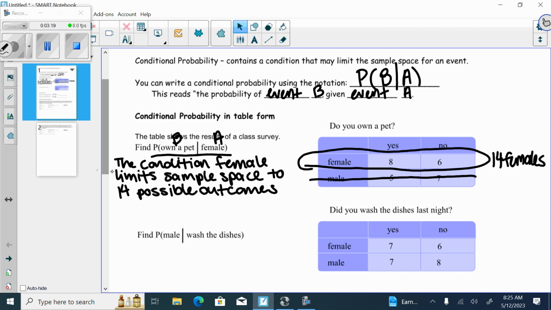Event B is how many of those females will own a pet. Well, if we look at the graph, we have restricted it to females, so how many said yes to owning a pet? 8. So I only care about the females, not the 5 males. So I can say of the 14 females, 8 of those own a pet.